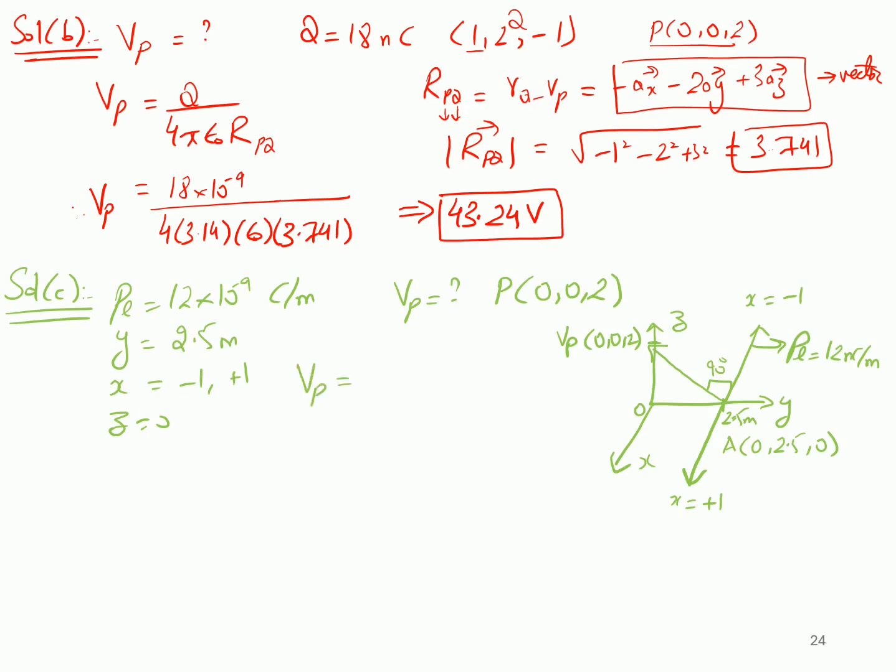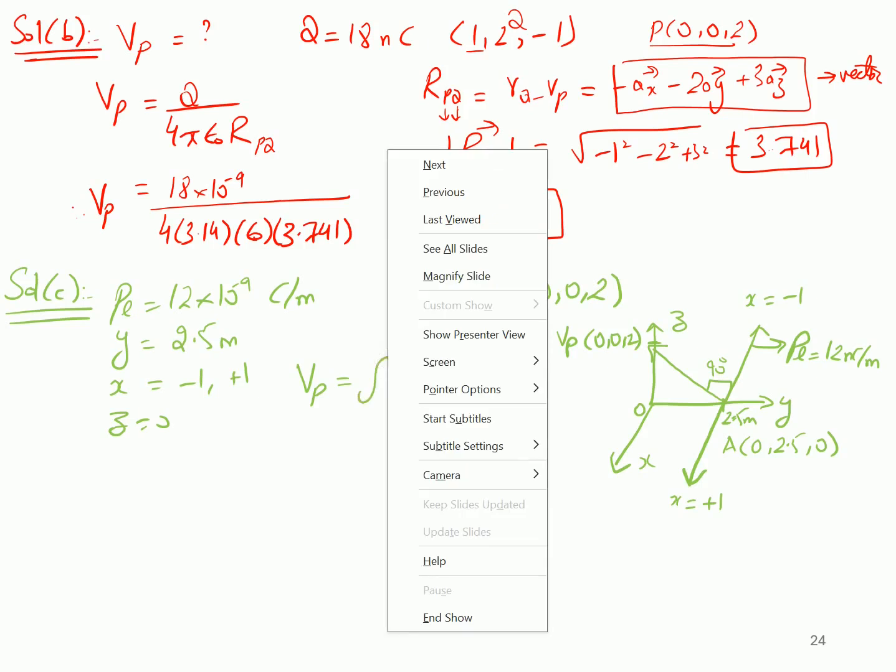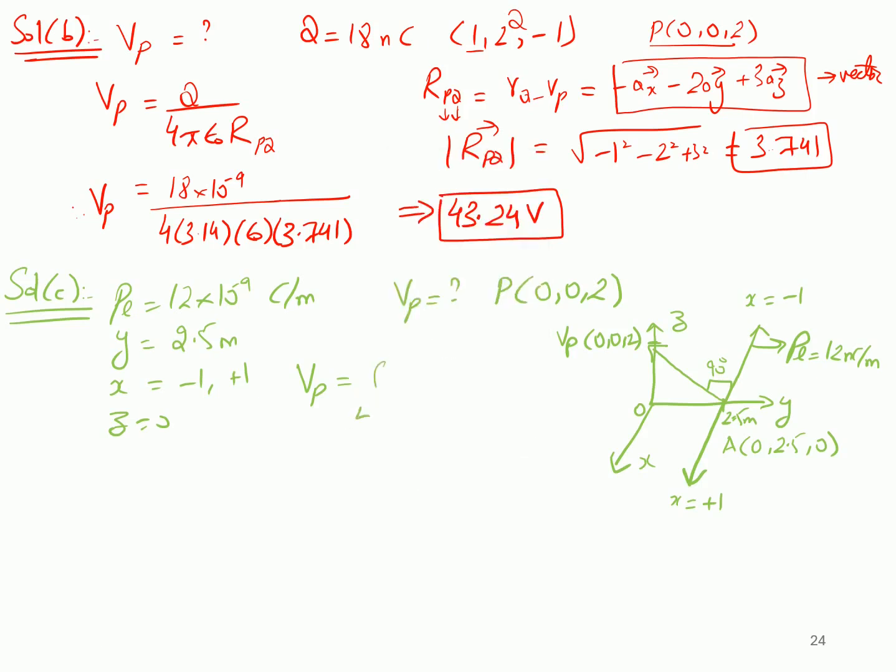It's a line integral, and it is rho L dL divided by 4 pi epsilon R. Now this R is the magnitude of the vector RPA, where A is the initial point and P is the final point.